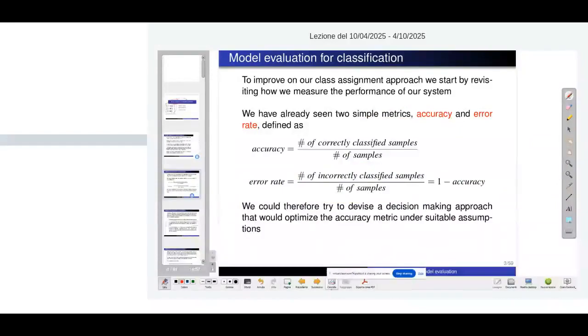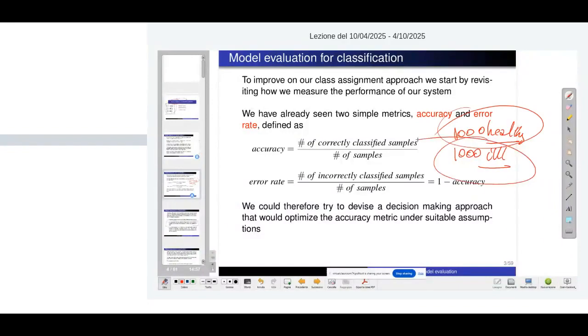But typically, my evaluation set will have balanced classes because I want to have enough errors over both classes to be able to make a robust estimate of my error. So my evaluation set may, for example, have 1,000 healthy samples and 1,000 ill samples, but in my population, the probability that somebody is ill may very easily be very low.